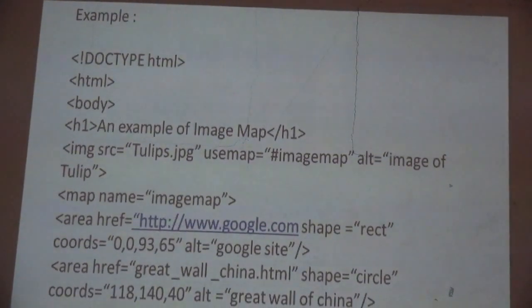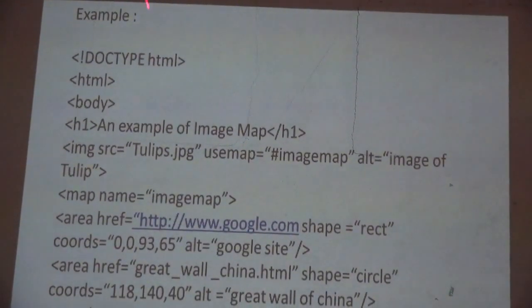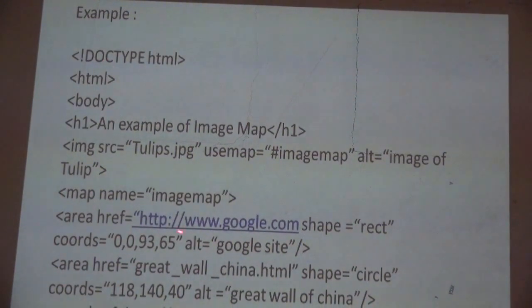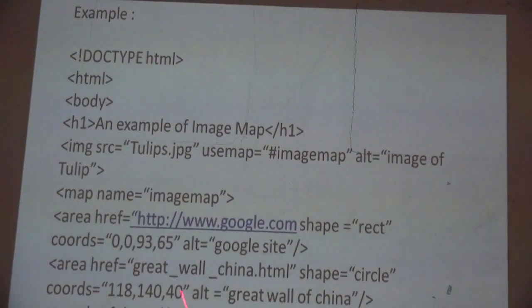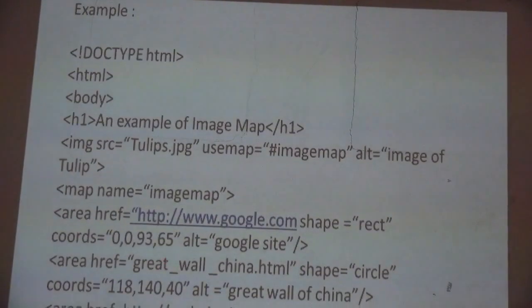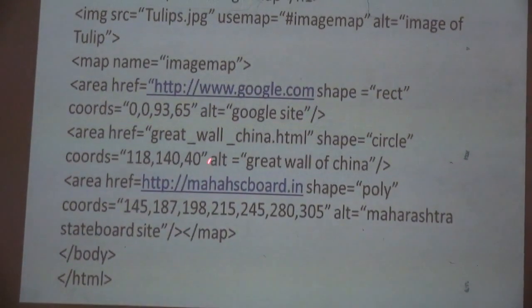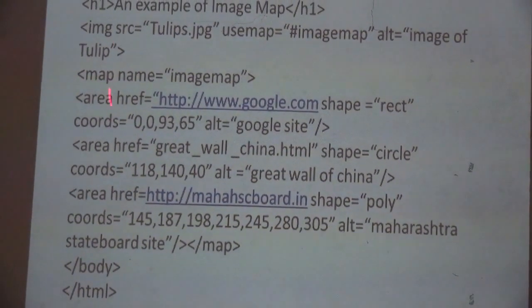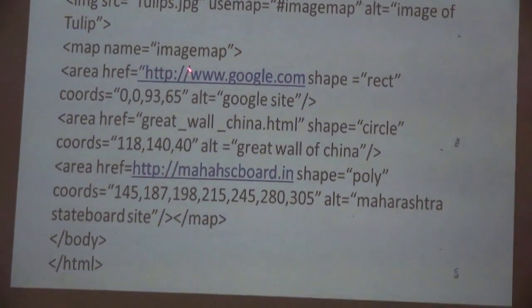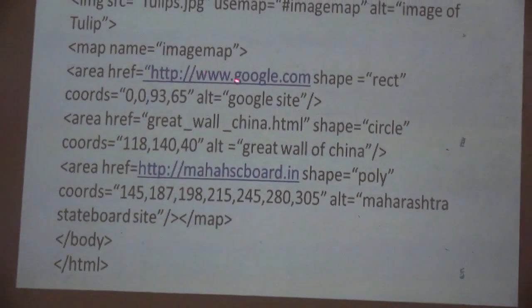You can see this example is given in the book, but because this type of client side image mapping is to be done in the practical, we will practice it in the practical. Here you have to download the image.